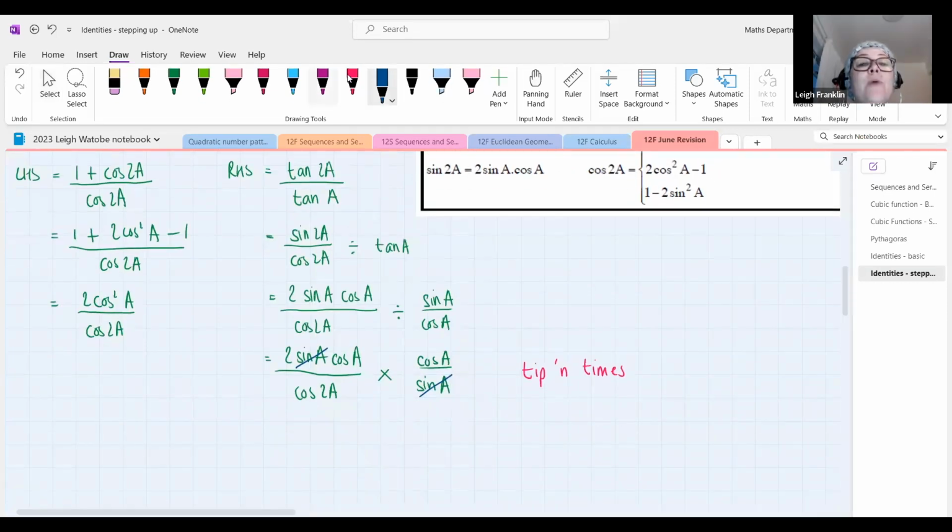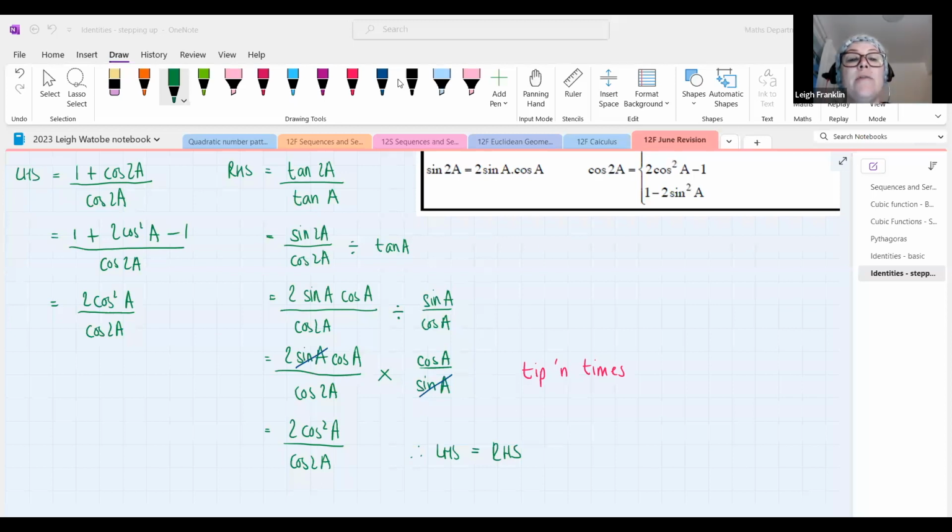Now if you collect what's left over, you've got what you've got on the right-hand side, because you've got 2 cos a times cos a, so that gives you 2 cos squared a, and in the denominator, you've got cos 2a. Now you can conclude, therefore, the left-hand side equals the right-hand side, just like so. Yes, keep flip change or tip and times, absolutely.